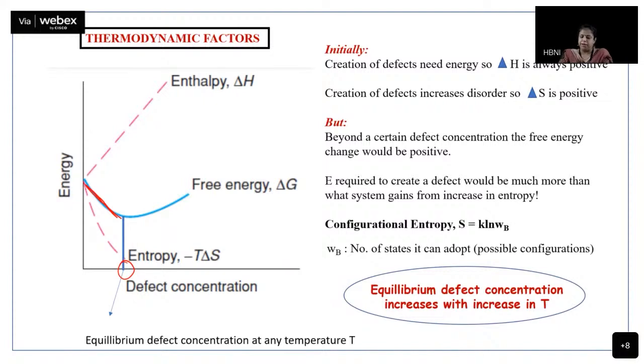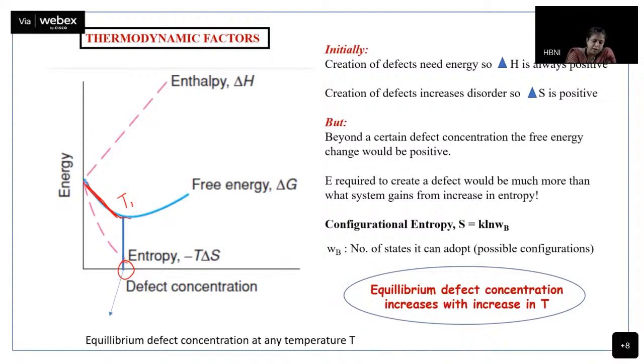Okay. Now, we'll try to see what happens when you increase the temperature, suppose this particular free energy graph was at temperature T1. Okay. Now I increase the temperature of the system. Okay, the entropy increases. Now, if entropy, that is delta S, is increased, now its negative value has also increased.